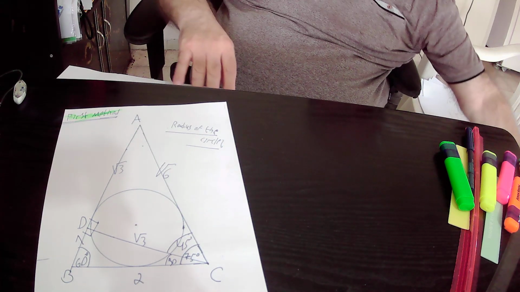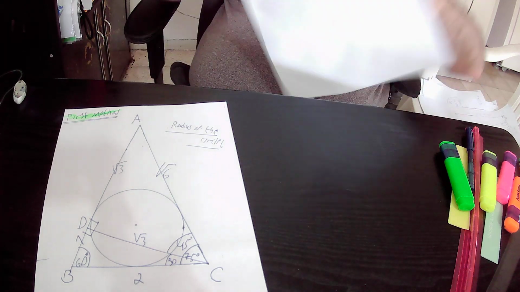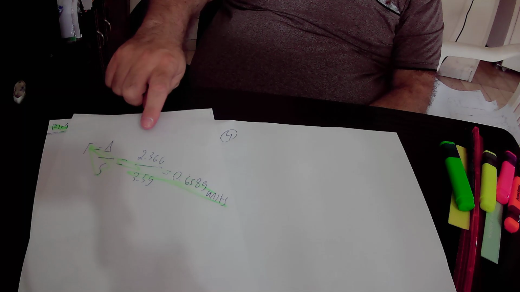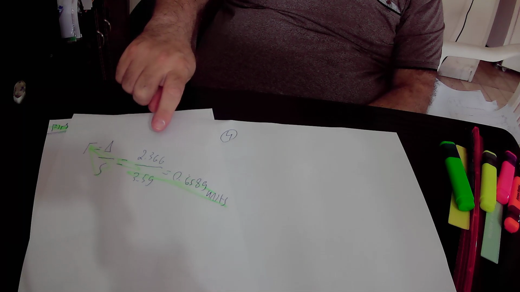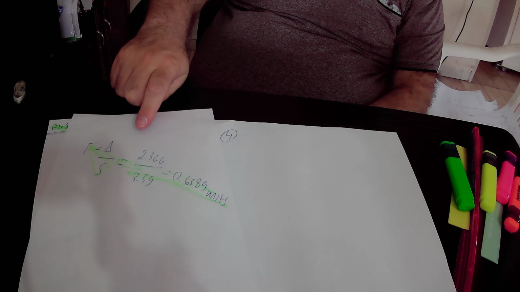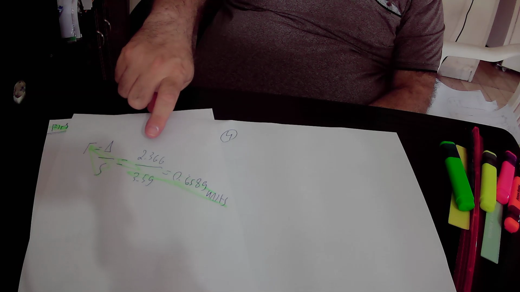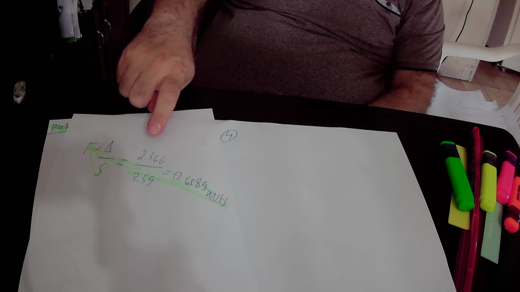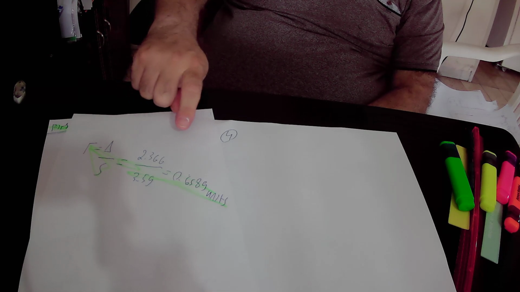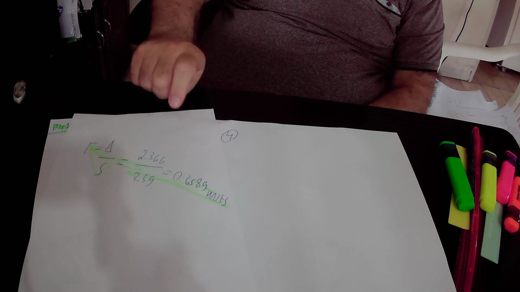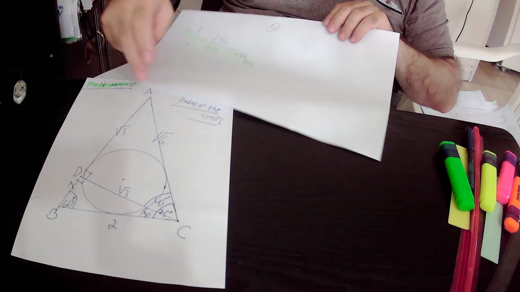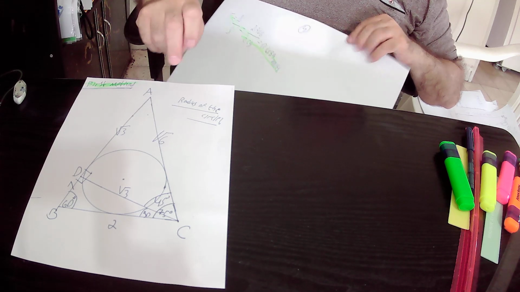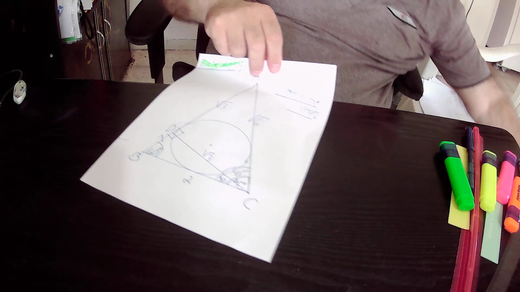Therefore, the radius of the circle inscribed in triangle ABC equals the area of triangle ABC, that is 2.366 square units, over the semi-perimeter, that is 3.59, and 2.366 over 3.59 is 0.6589 units. So we found that the radius of this circle inscribed in triangle ABC is equal to 0.6589 units. We finished with the first method.